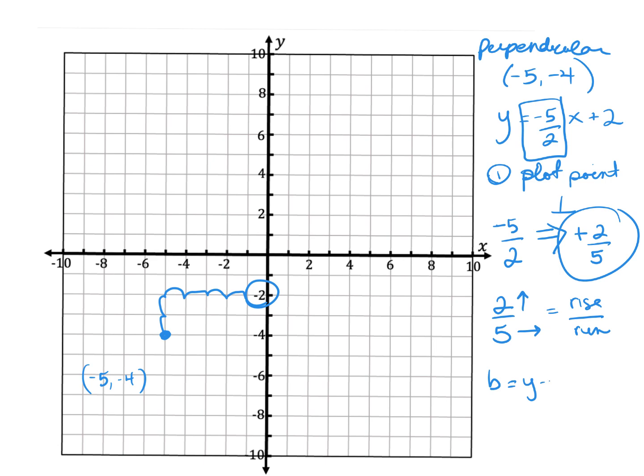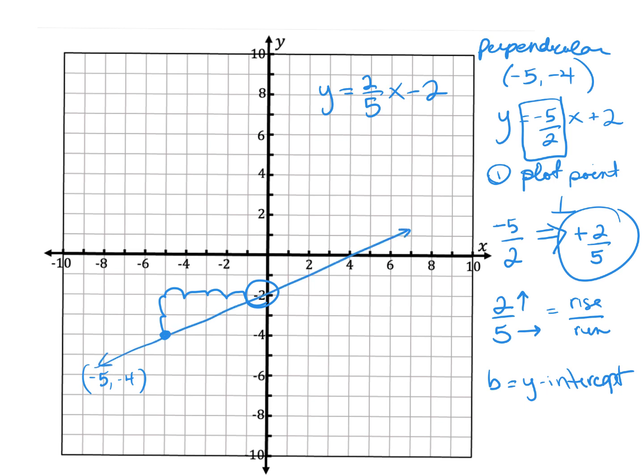B equals my y-intercept, or that point where the line crosses the y-axis. So we have our equation, and when you write your final answer, we're using the slope we counted with: y equals 2/5 x minus 2.